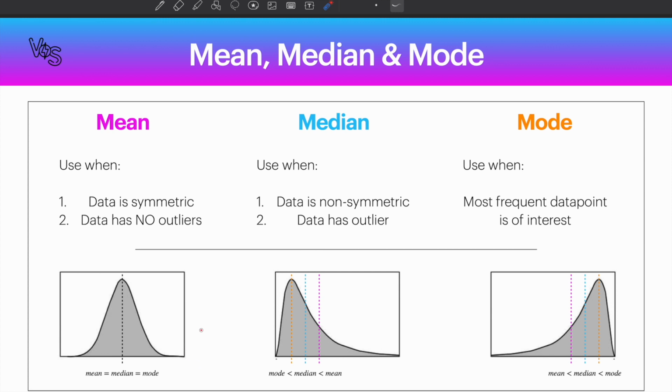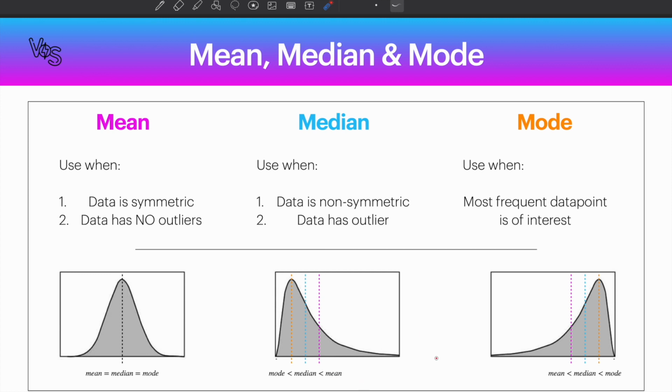And also here's a couple of facts about the different distributions and where the mean, median, and mode would sit. So for symmetric data, usually the mean is equal to the median and also equal to the mode. All of these values are equal to each other. And then for when your data is positively skewed or skewed to the right, usually your mode is less than the median and the median is less than the mean.